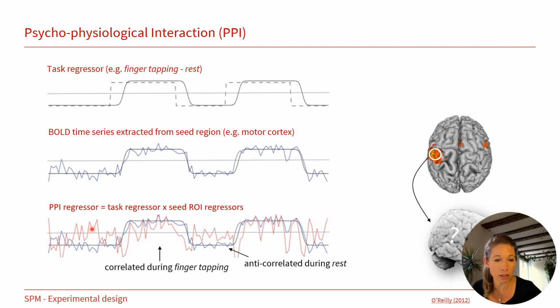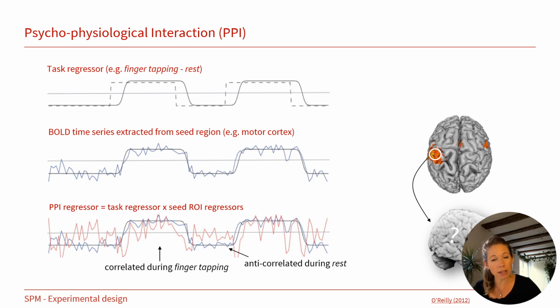The red regressor is the product, and you can see that this red regressor shows an anti-correlation to our seed region's regressor during the periods of rest, while it shows a high correlation with our seed region during the task, during finger tapping.